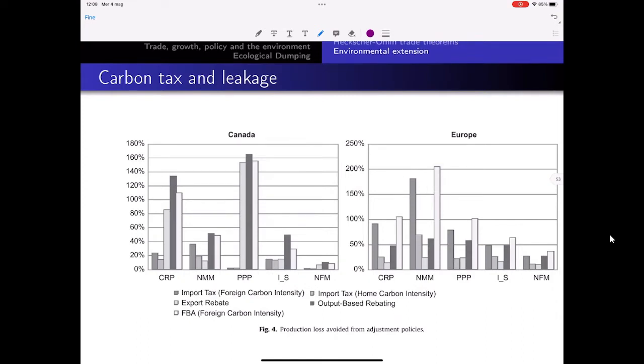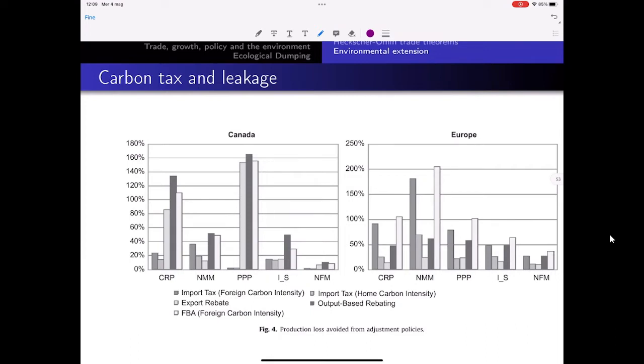The only thing I was trying to make yesterday, but made wrongly, is that the data I should have discussed were about Europe, because I'm going to discuss later today what happens if you have the import tax for Europe. The simulations for Europe are particularly interesting, at least for us Europeans.